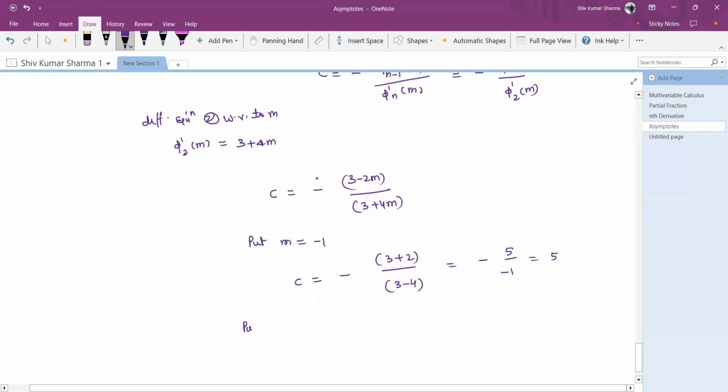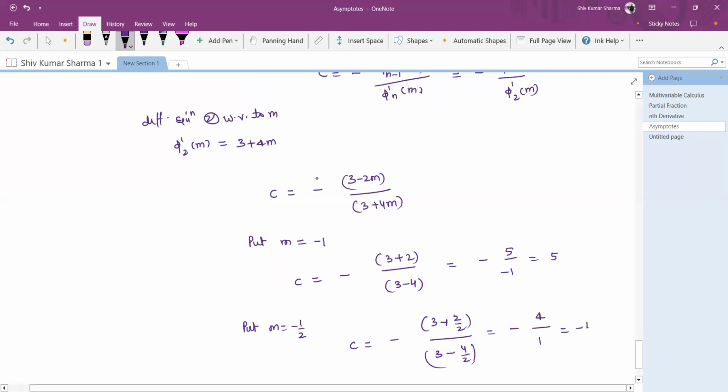Put the second value of m, m is equal to minus 1 by 2. So we get c is equal to minus the numerator 3 plus 1, which is 4, over 3 minus 2, which is 1.